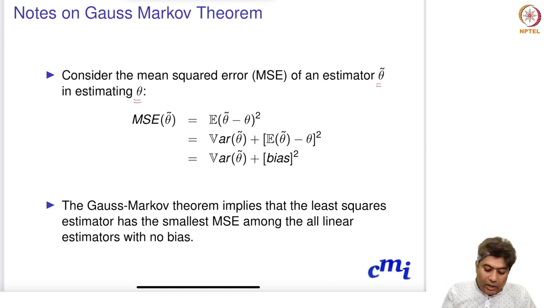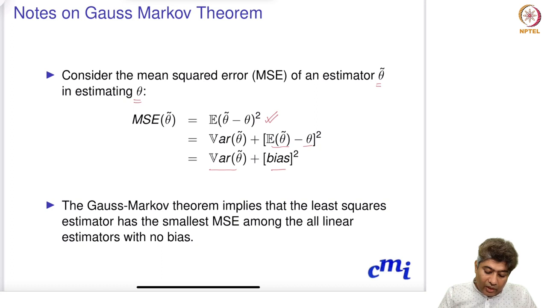Mean square error is simply the expected value of theta tilde minus theta, whole square. You can write this as the variance of theta tilde plus the expected value of theta tilde minus theta, whole square, which is the bias. So basically variance plus bias squared.